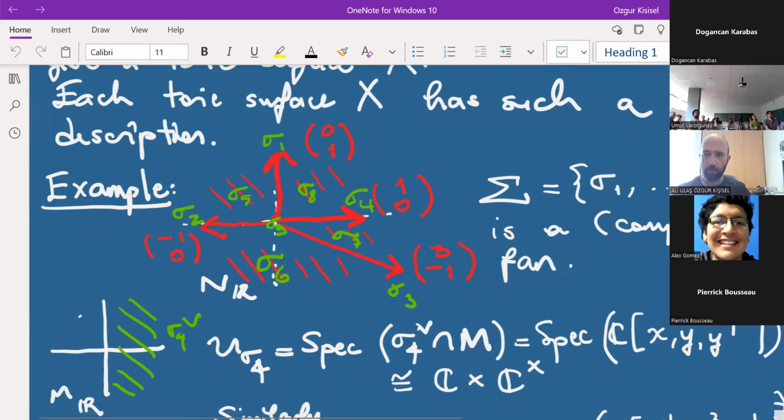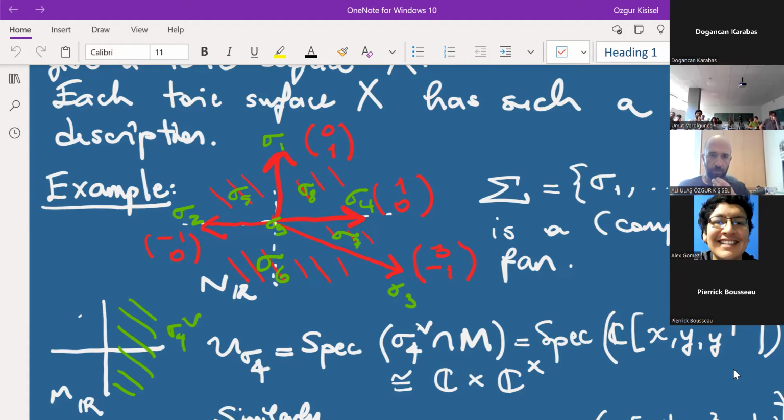Each of those integer points corresponds to a monomial. Since (1, 0) is there, you have X in the algebra. Since (0, 1) and (0, -1) are there, you have Y and Y inverse also. It's easy to check that these are the generators, so anything else can be written in terms of these. Now, the spectrum of this is isomorphic abstractly to C cross C star, essentially because this X factor gives you spec C[x], which is C, and Y inverse gives you Laurent polynomials, so that gives you C star.